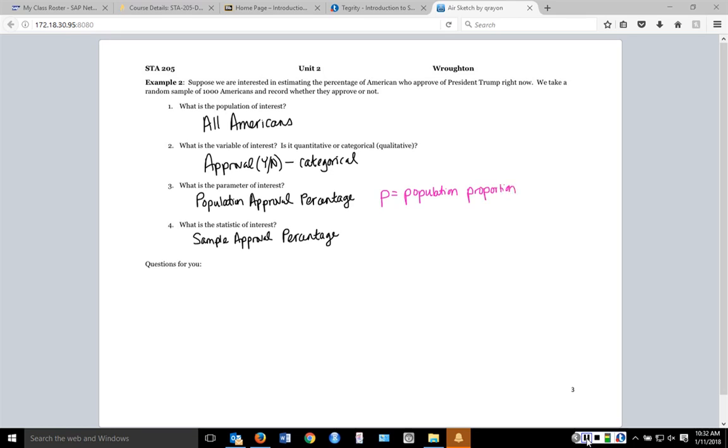For example, if you had 50%, your P is just 0.50. Versus P hat, which is how we read this one, that is our sample proportion. These are symbols that you're going to see later in this unit, P and P hat.